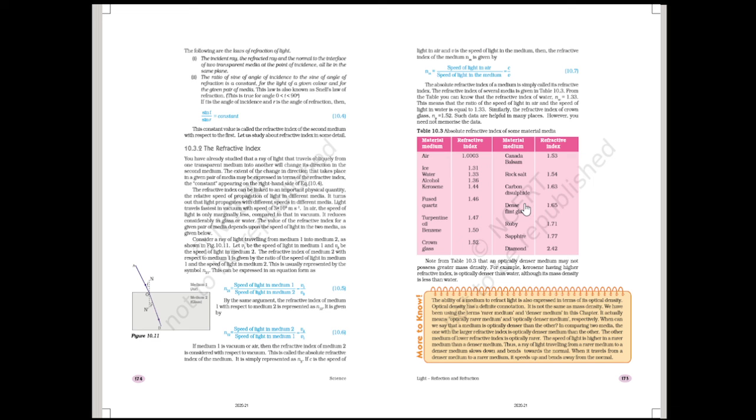Now it is just related to refraction only. The ability of a medium to refract light is expressed in terms of its optical density. Now what is density? Dense hona.